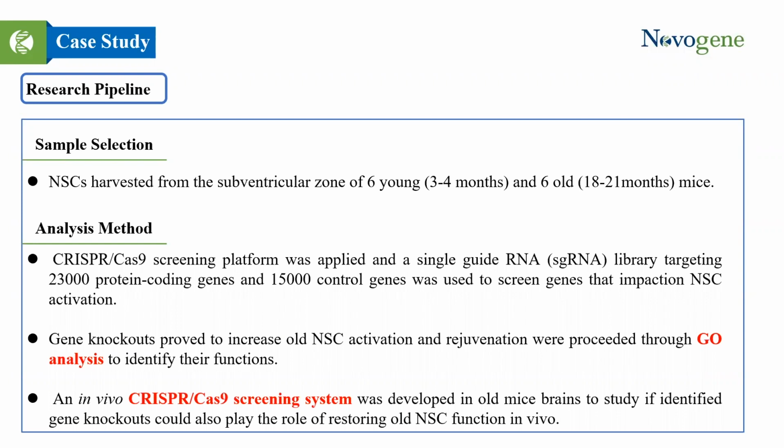They also applied GO analysis to identify the functions of gene knockouts that proved to increase old neural stem cells activation and rejuvenation. Furthermore, they also used in vivo CRISPR-Cas9 screening system to study if identified gene knockouts could also play the role of restoring old neural stem cells function in vivo.